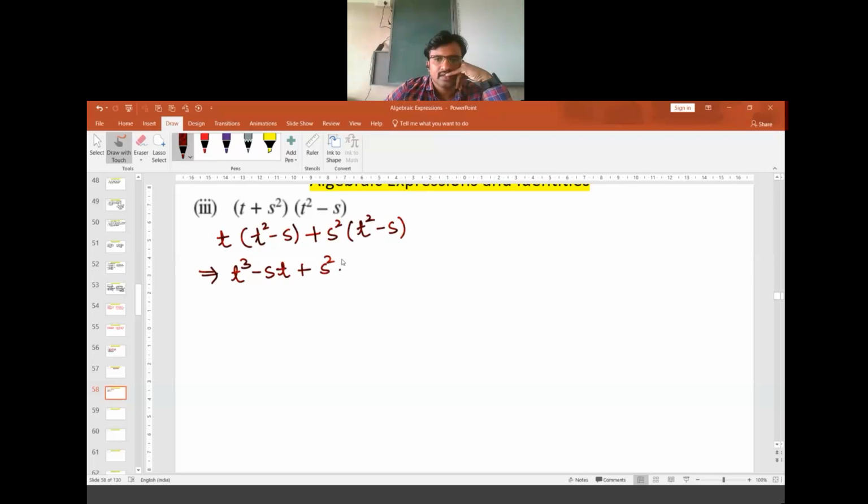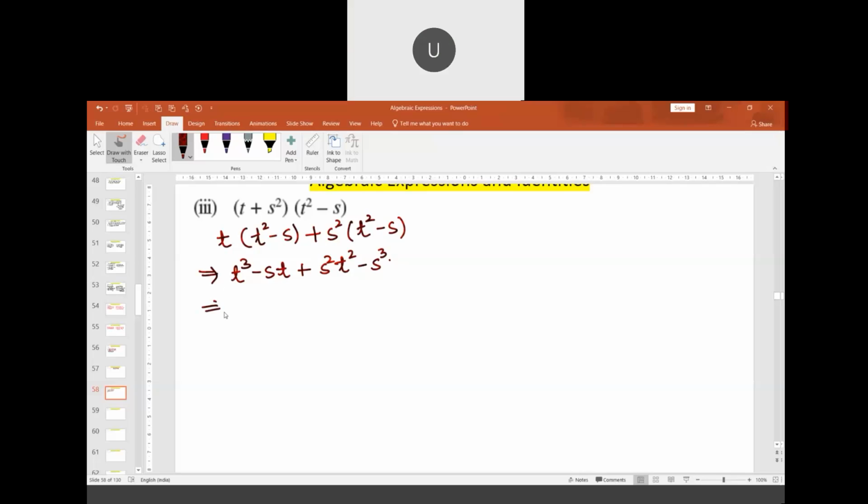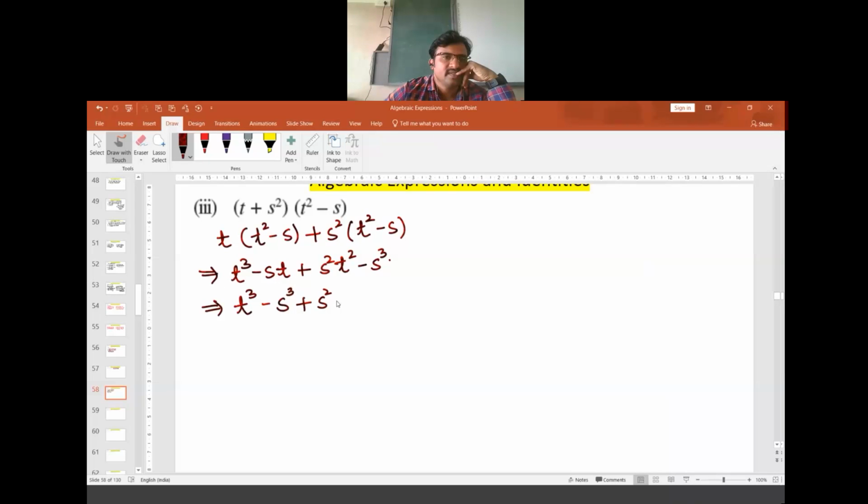We can write the cube terms first: t cube minus s cube plus s square t square minus s square minus st.